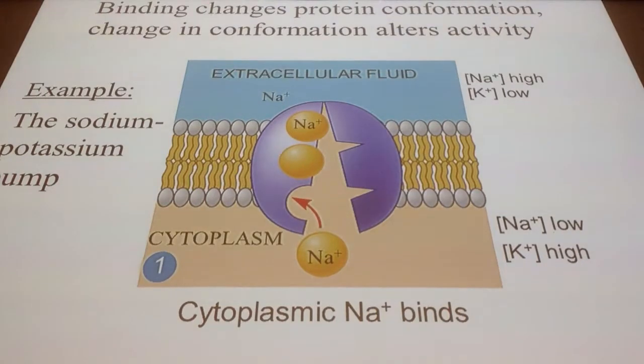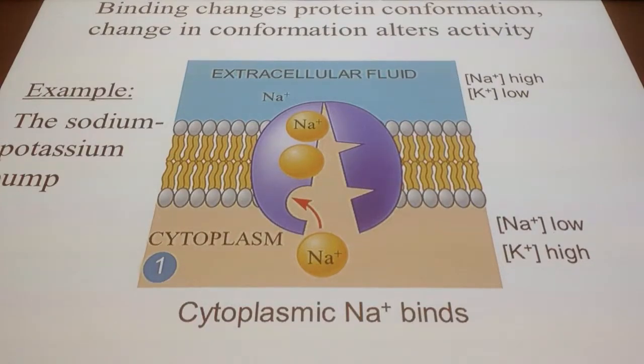Okay? So an example. You have a membrane protein, a transmembrane protein. That means that there's a domain on either side of the membrane, and then it crosses through. And this membrane protein is a sodium-potassium pump or transport protein. But it doesn't have a lumen.